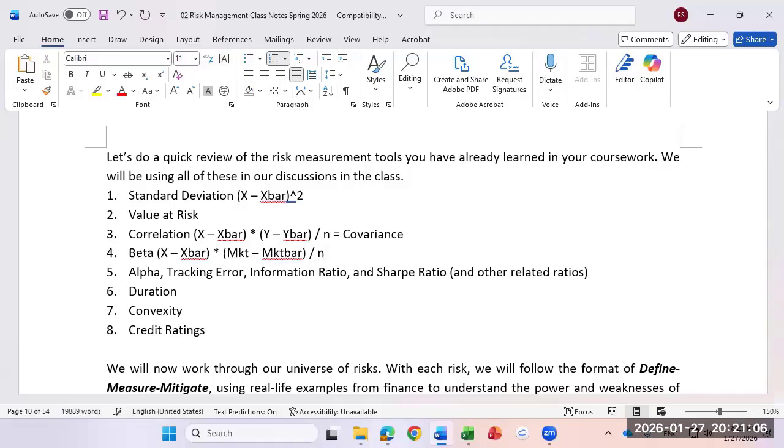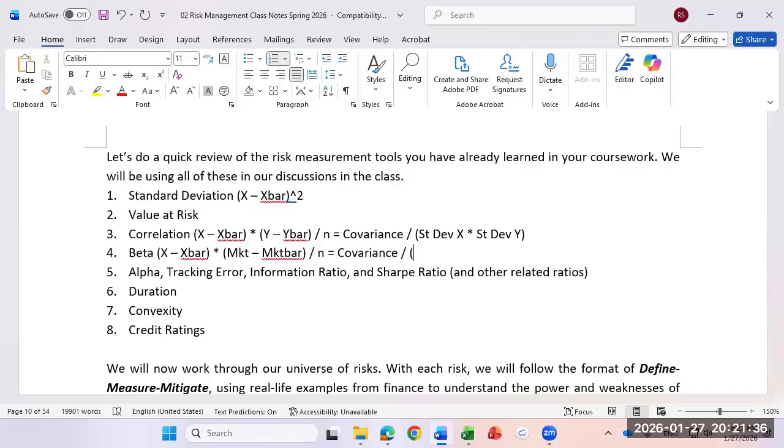And what is beta? It's covariance divided by any takers? Standard deviation of Y. I think you said it.